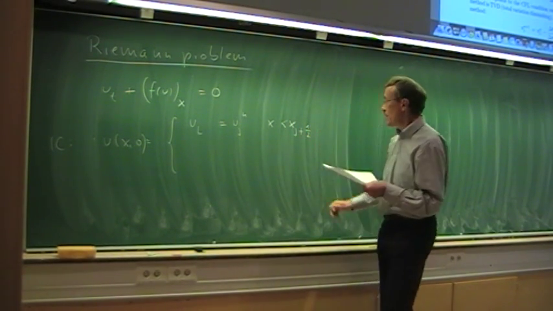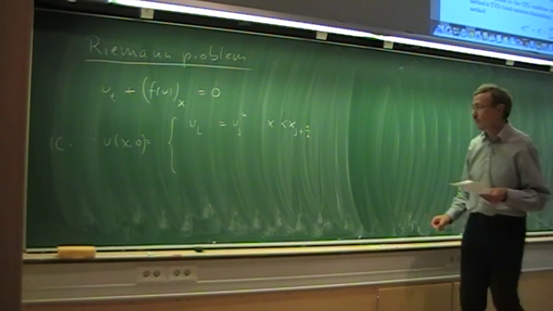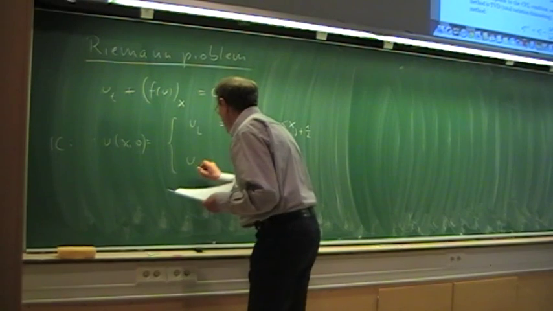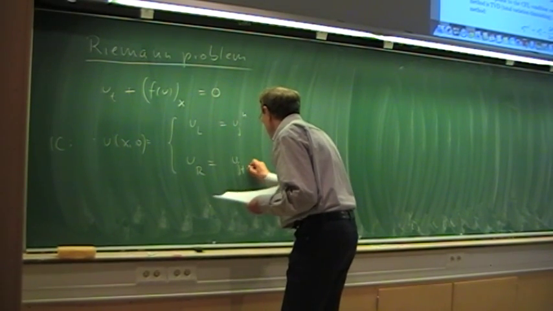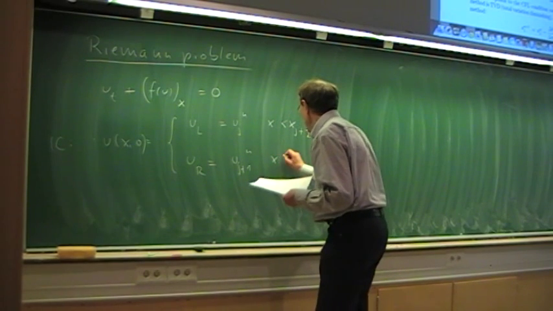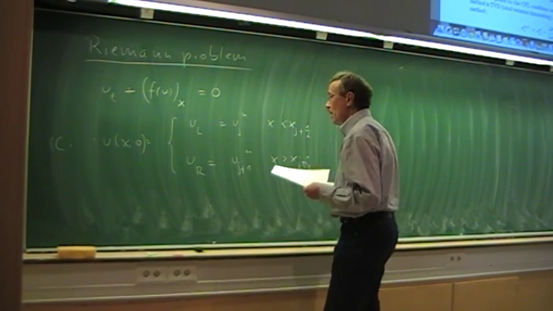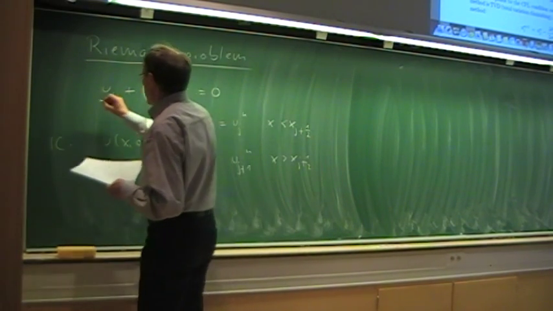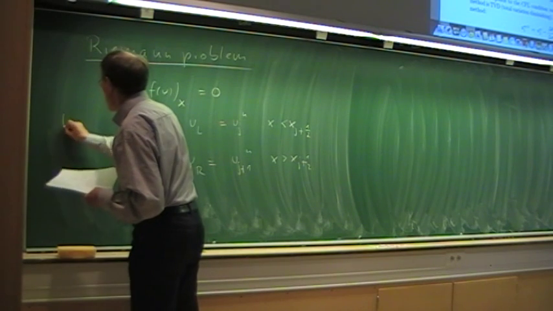So here we consider the face j plus 1/2. And the UR is then the u_{j+1} at the old time level for x larger than x_{j+1/2}. So that was what all this together, we took that as the equation 18.